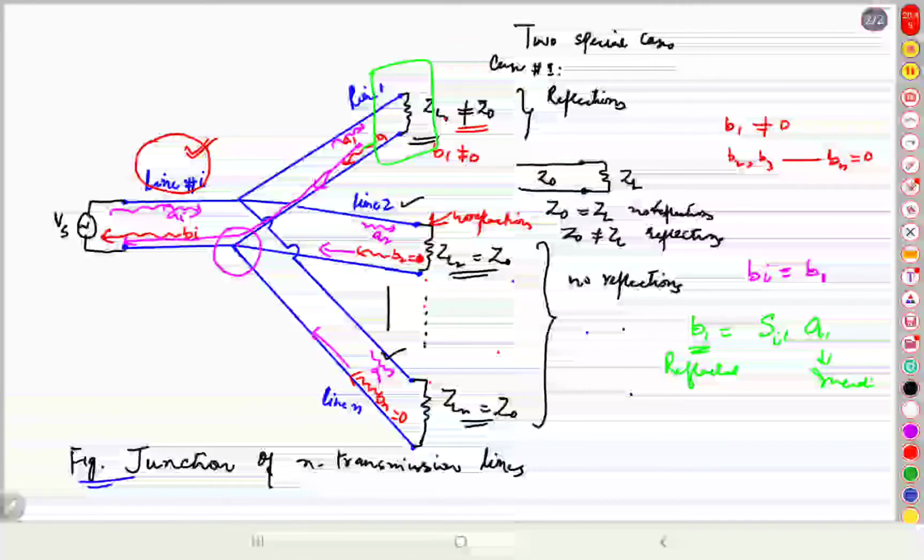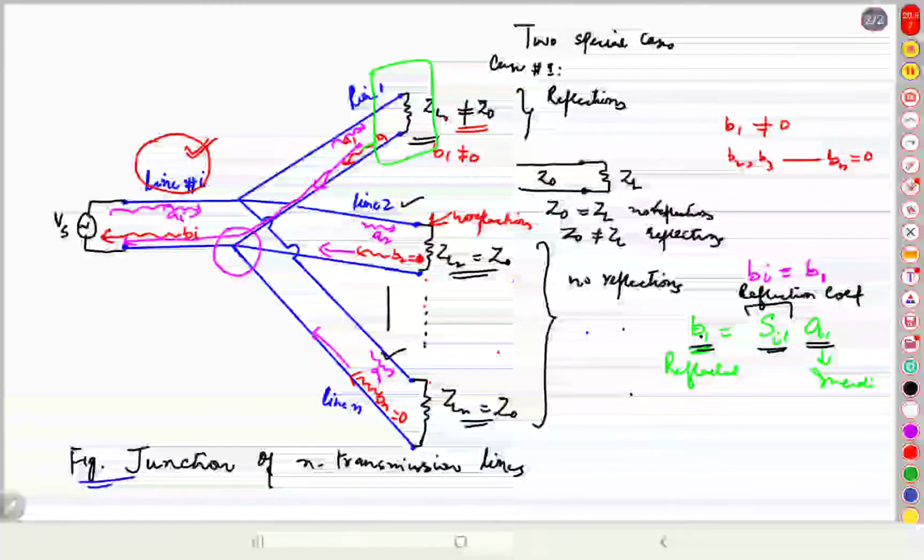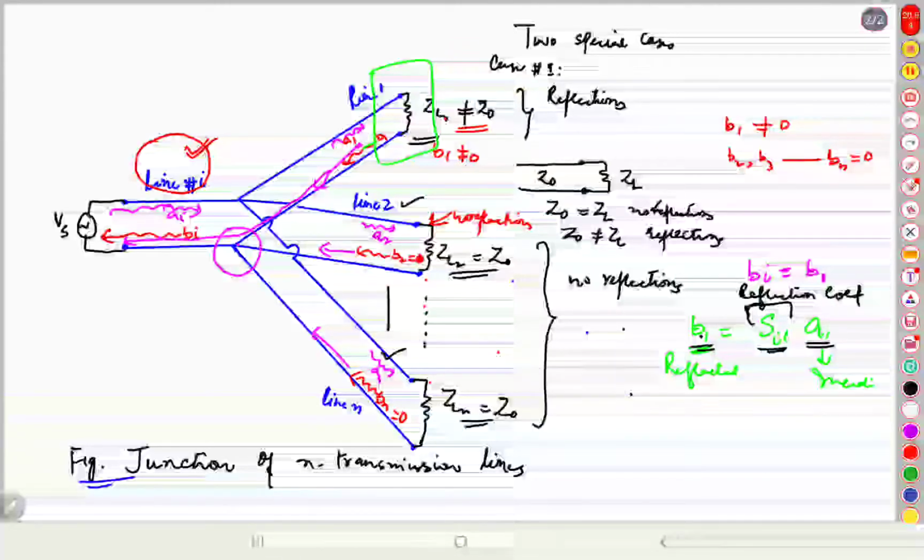This is basically the reflection coefficient, because the reflected wave is related to the incident wave A1 by some constant, which is the reflection coefficient. So B1 is the reflection coefficient times A1, so B1 is SI1 A1.